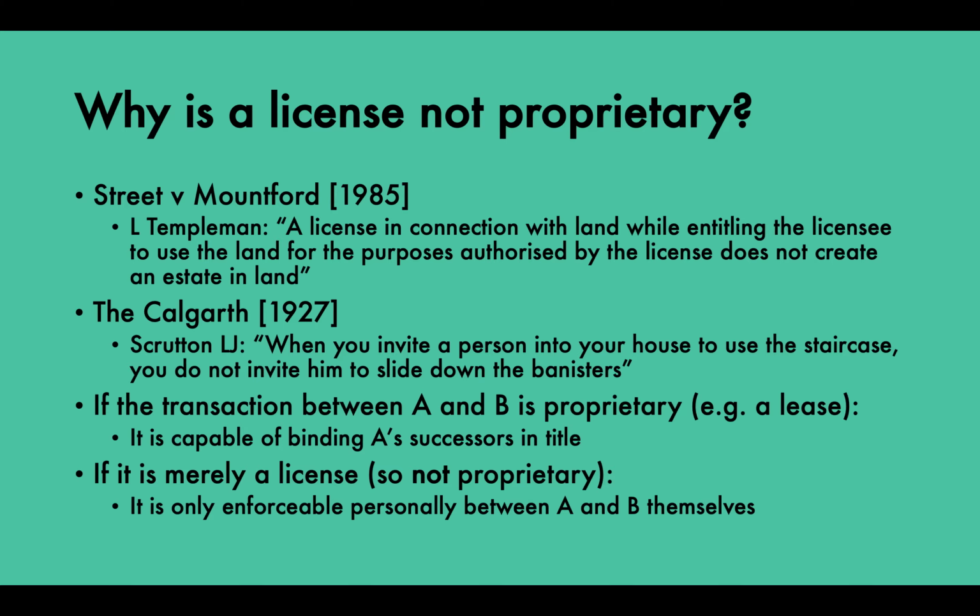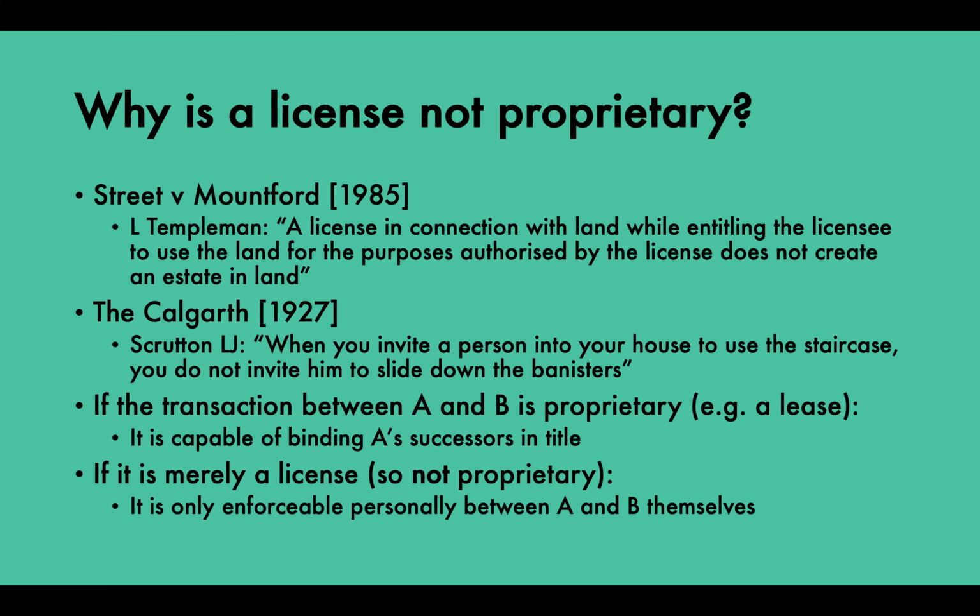So if the transaction between A and B is proprietary, for example, a lease, it would be capable of binding A's successor in title. So we can bind third parties. But a license is not proprietary, it's only enforceable between A and B themselves. Okay, a straightforward contract can only bind the parties themselves with limited exceptions.